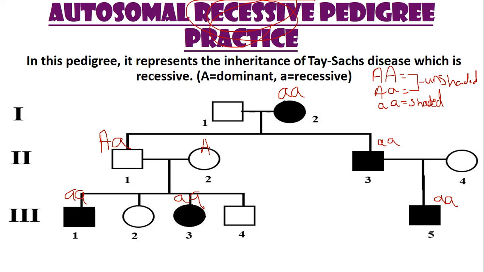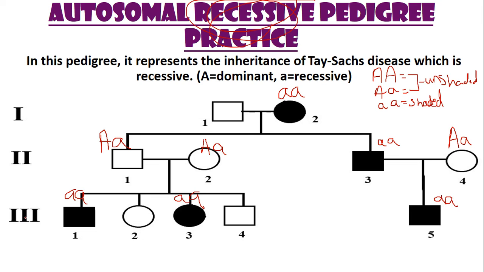We know it's a big A, but for it to be big A, big A, all the children have to be unaffected, but they have affected children, so it's a big A, little a. All right, the last one in generation 2, number 4, we need to figure out. We know it has a big A, but we need to look at its children. The child is affected. It gets one of the little a's from the dad, so the mom has to give a little a as well.